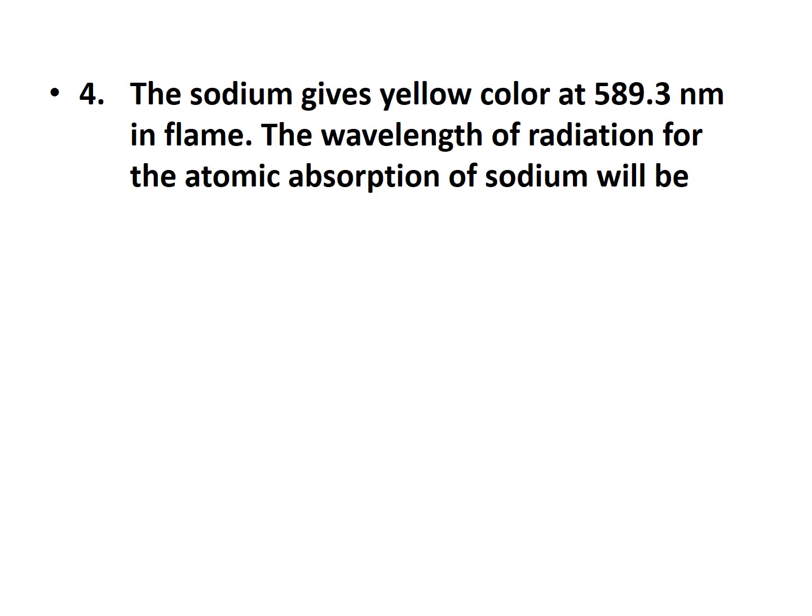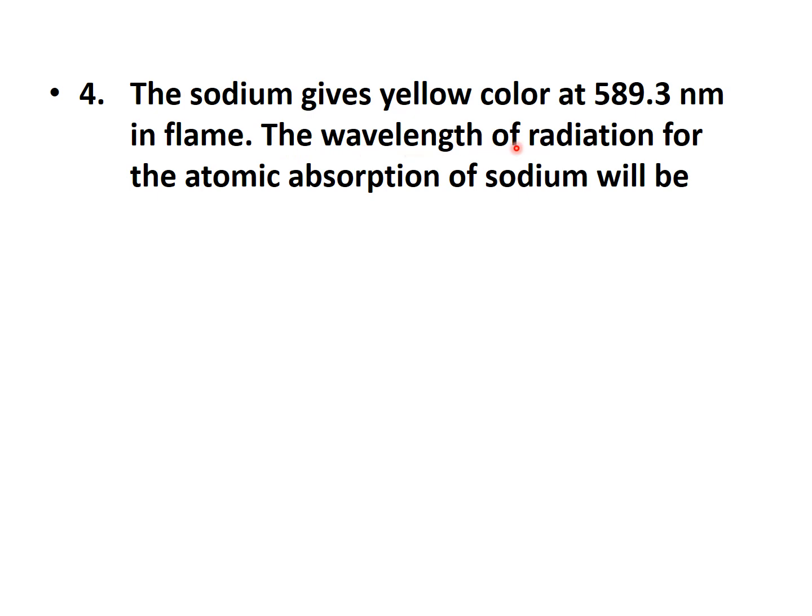This question is actually the continuation of the previous question. Let's see the statement. Sodium gives yellow color at 589.3 nanometer in flame. Means we get emission spectra for sodium, and there we find the line at 589.3 nanometer.